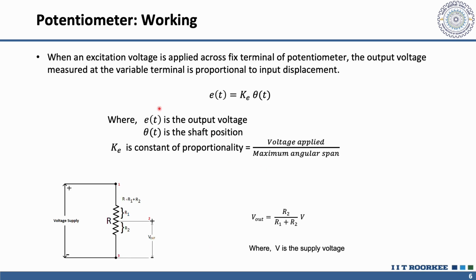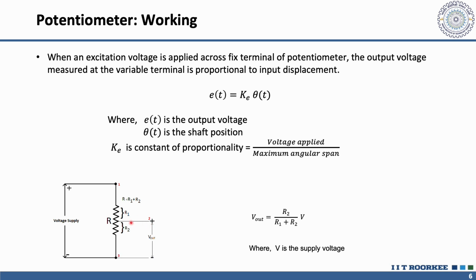Okay, now let's see the working of the potentiometer. Firstly, let's see the circuit diagram of the potentiometer. As you can see here, there are three terminals, 1, 2 and 3. These terminals are the same as we saw in the construction part. These two are fixed terminals, and this is the variable terminal through which the wiper is attached.